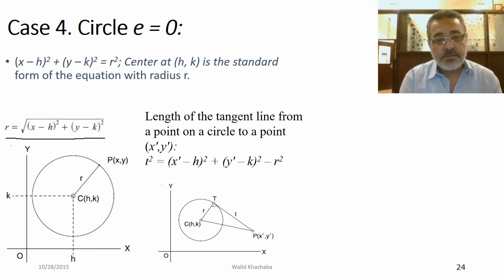And this is a rule to find the length of the tangent between a point outside the circle and the point of tangency of the circle. Again, it's another application of the Pythagorean theorem, because we know that this angle is 90 degrees.